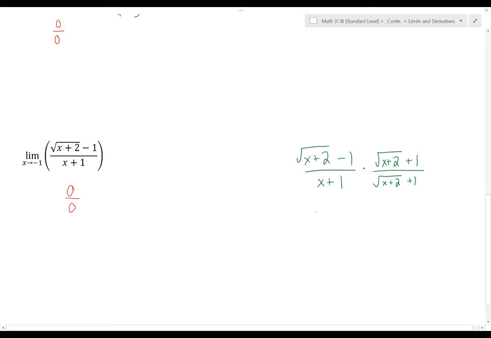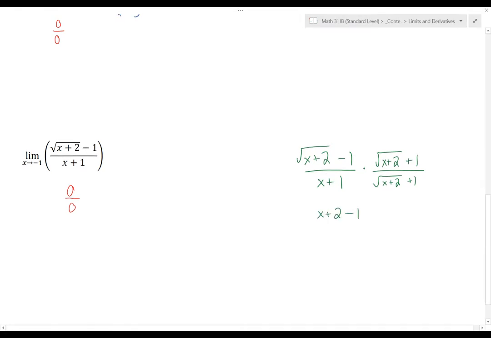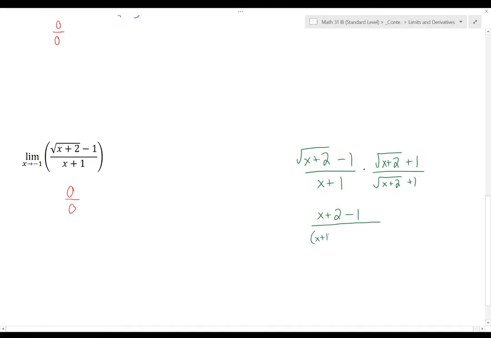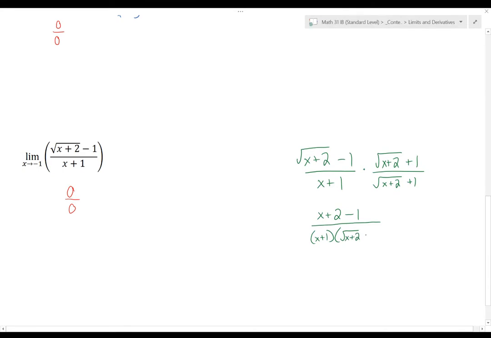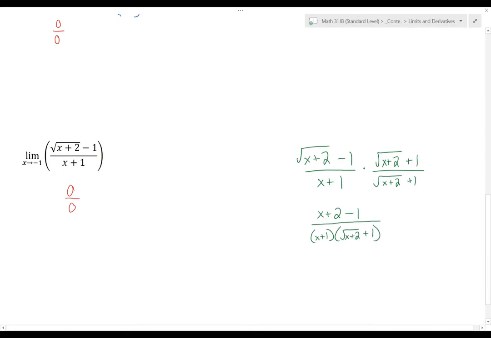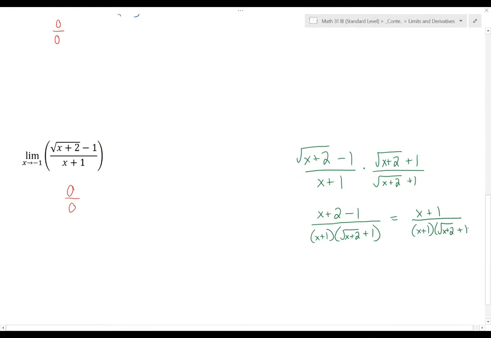So if I distribute the numerator, I get x plus 2 minus 1 squared, which is just x plus 1. In the denominator, I'm not going to bother distributing because the whole point here is I'm hoping that x plus 1 will cancel out, because I can't have x plus 1 in the denominator if I want to be able to substitute. And in fact, that is what happens because I get x plus 1 in the numerator over x plus 1 times the square root of x plus 2 plus 1.